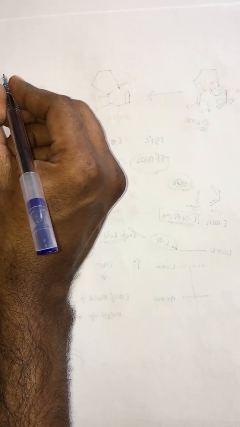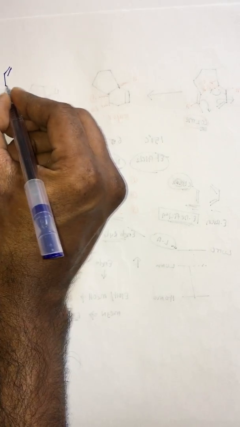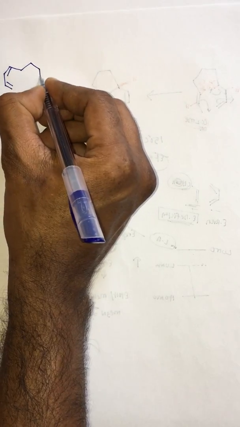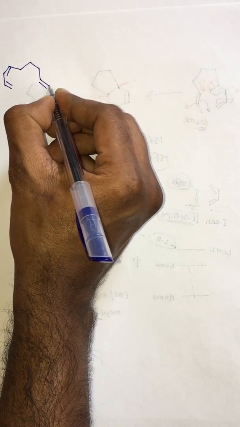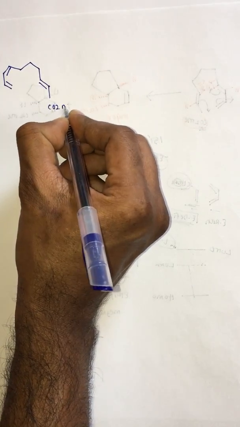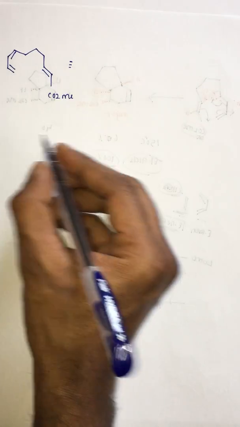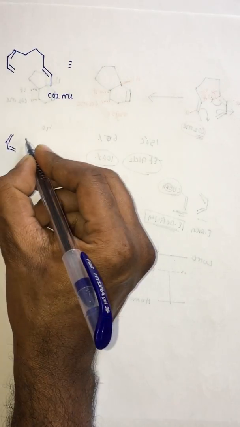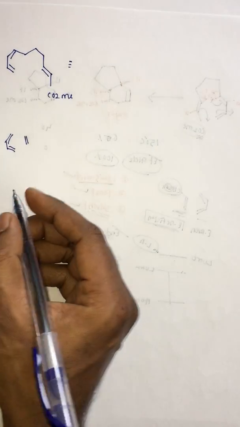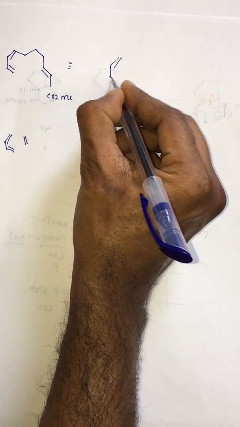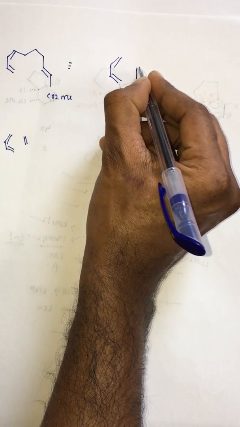we have another example here. So this one we will write it this way. If you write whatever they have given this way, you can easily predict the product. I am writing this like this.